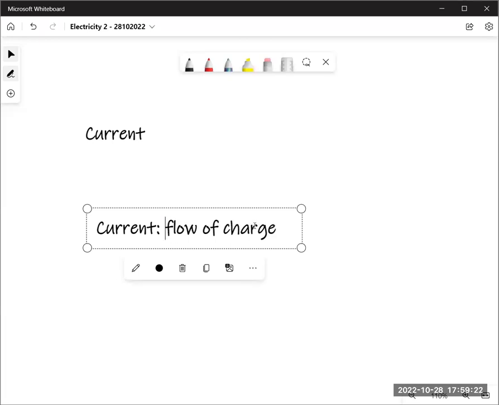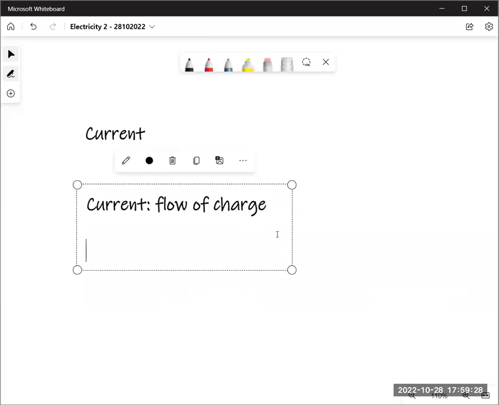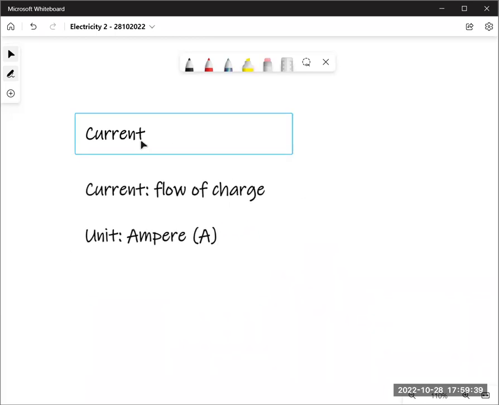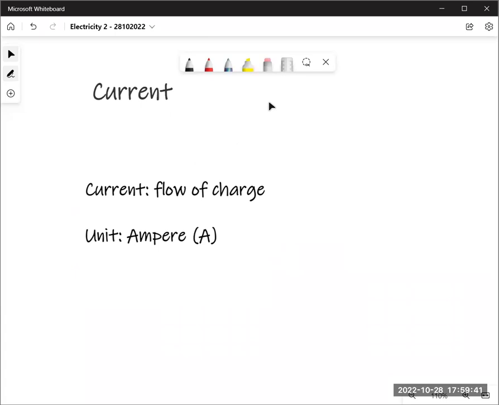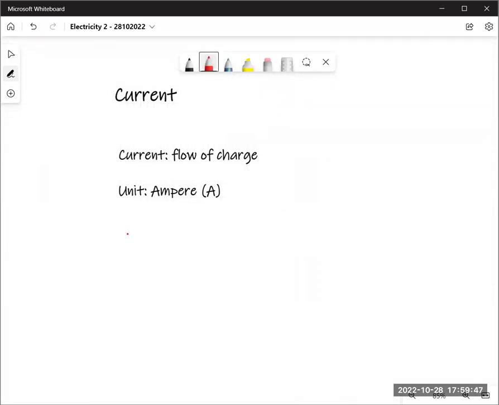What is current? It's the flow of charge. The unit is amperes, which is A. Okay, that's current. We know what current is now, but where is current? Current is usually in a circuit.